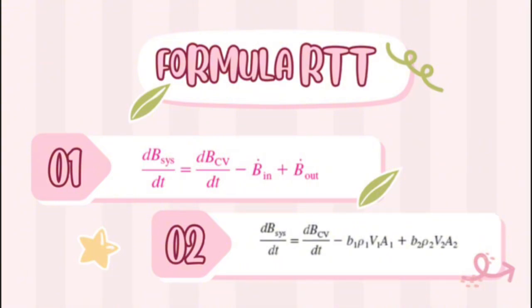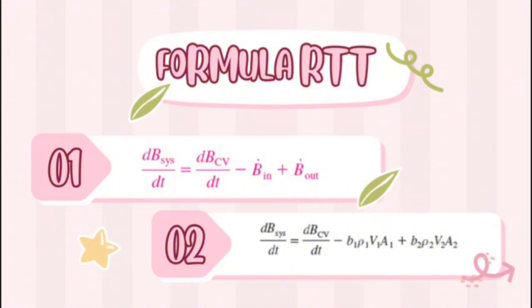We have to calculate B_sys at time t plus delta t minus B_sys at time t, because we want to know how much the property B changes in the system over a short time. Subtracting them gives the total change of B during delta t.